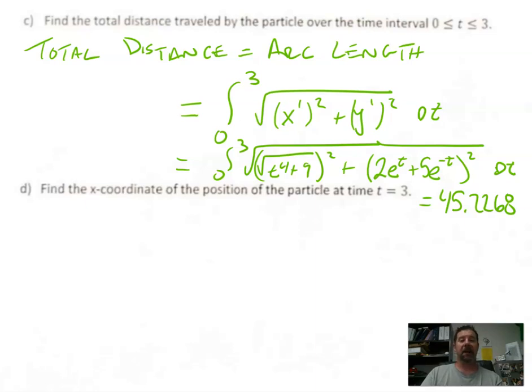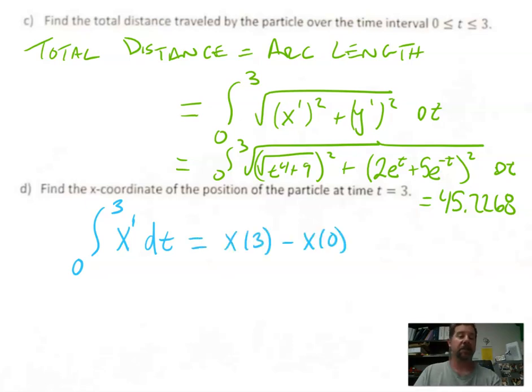All right, last part, part D. We now just need to find the x-coordinate of the position of the particle at time t equals 3. To find the x-coordinate, we have the velocity, or the derivative, so I think I'd have to integrate it. If I'm looking for the position at time t equals 3, I'd want to integrate from 0 to 3, since this would equal x sub 3 minus x sub 0 by use of the fundamental theorem of calculus.